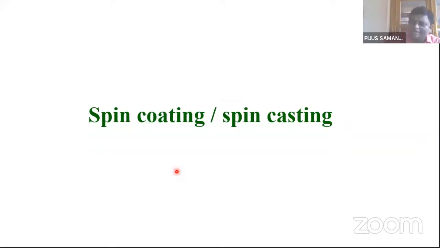We can use crystalline semiconductors like silicon, glass, quartz, etc. In this method, we usually use a solution and spread it over the substrate by spinning. Let us see the schematic diagram, which will make it very clear.